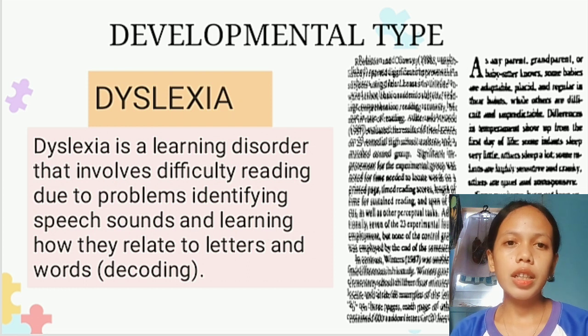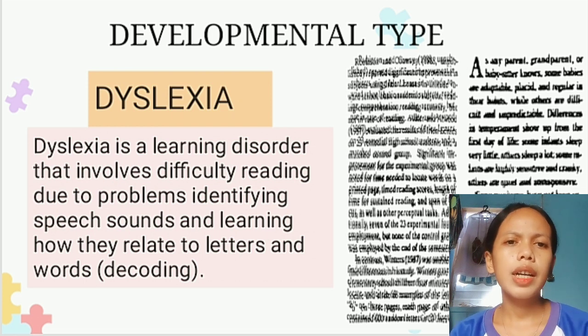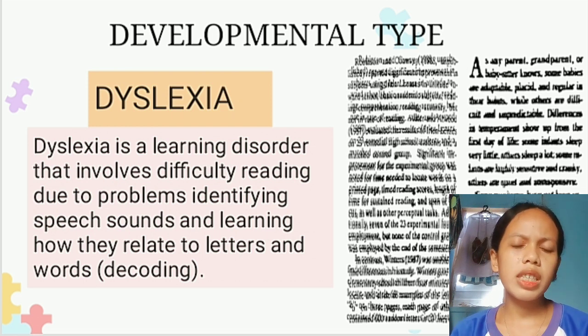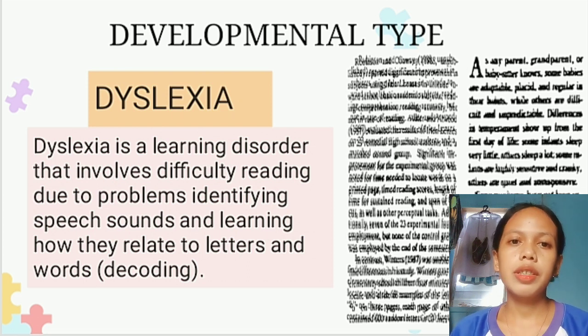Signs that a young child may be at risk of dyslexia include late talking, learning new words slowly, problems forming words correctly such as reversing sounds in words or confusing words that sound alike, problems remembering or naming letters, numbers, and colors, and difficulty learning nursery rhymes or playing rhyming games.